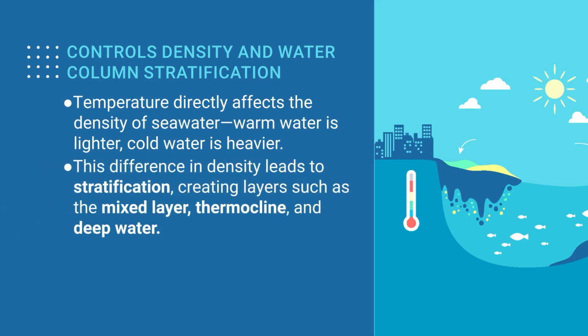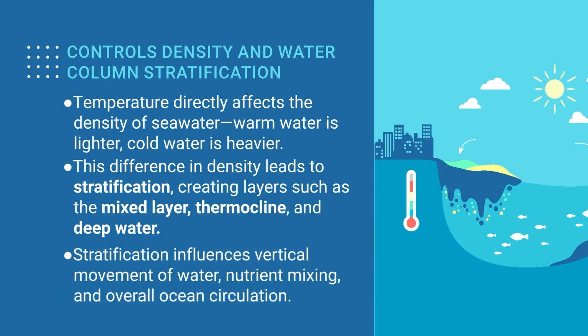So this difference in density leads to stratification, that is creating of layers such as mixed layer, thermocline layer and the deep water, as I've just now told you. And stratification influences the vertical movement of water, nutrient mixing and overall ocean circulation.